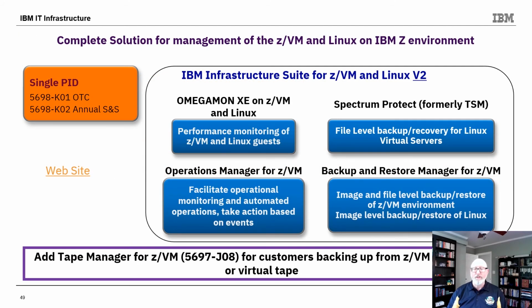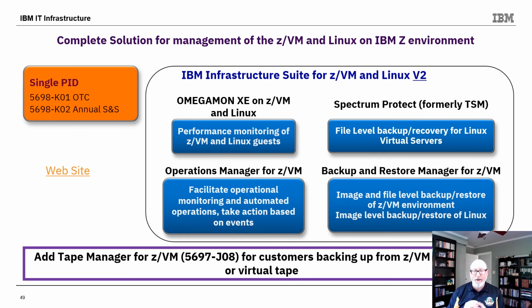All right, so I won't unpack all this, but just to remind you that the infrastructure suite for z/VM is out there. It currently contains 4 products. So Megamon XE on z/VM and Linux, right? So remember that includes both the agents for the z/VM hypervisors as well as an agent for the Linux running on Z or LinuxONE. Spectrum Protect is the second item there.